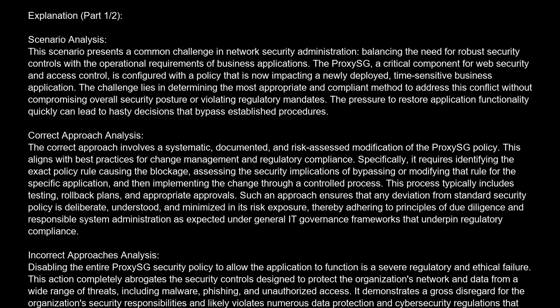This process typically includes testing, rollback plans, and appropriate approvals. Such an approach ensures that any deviation from standard security policy is deliberate, understood, and minimized in its risk exposure, thereby adhering to principles of due diligence and responsible system administration, as expected under general IT governance frameworks that underpin regulatory compliance.